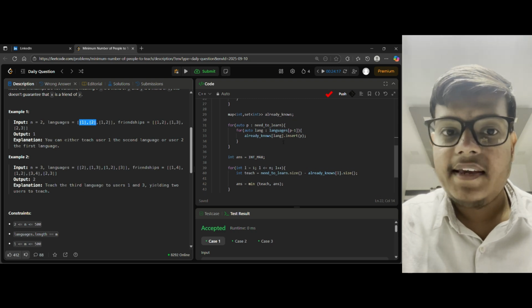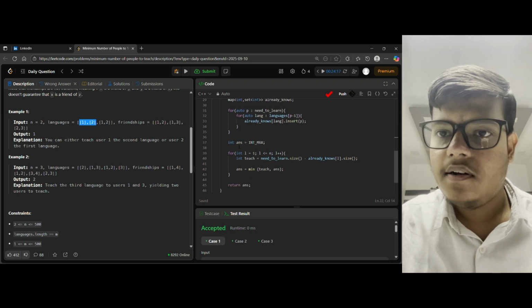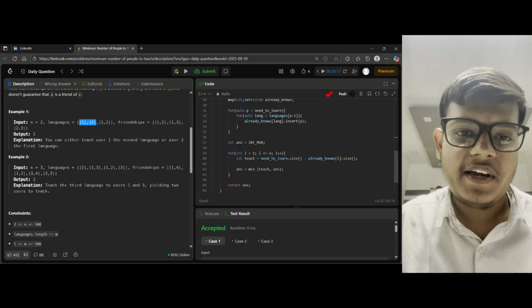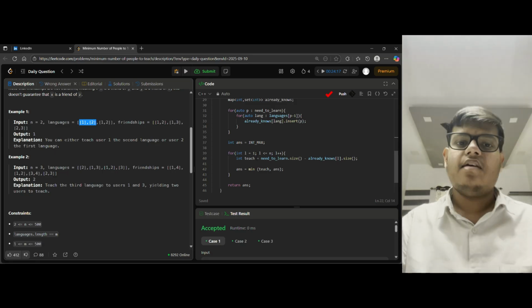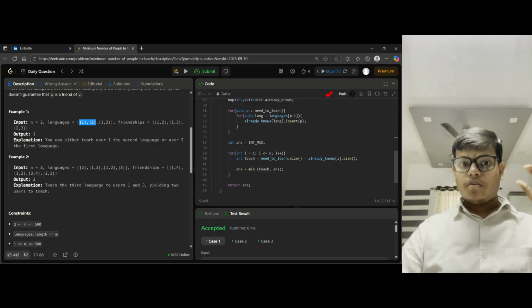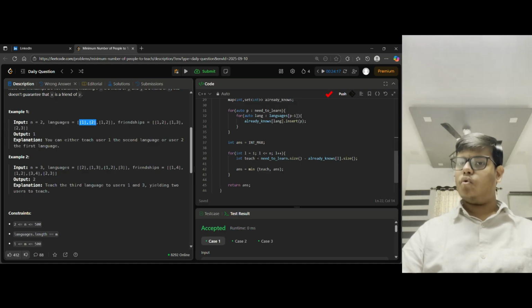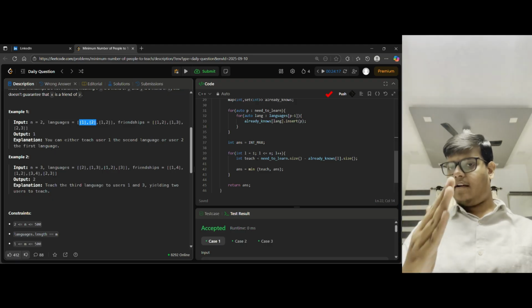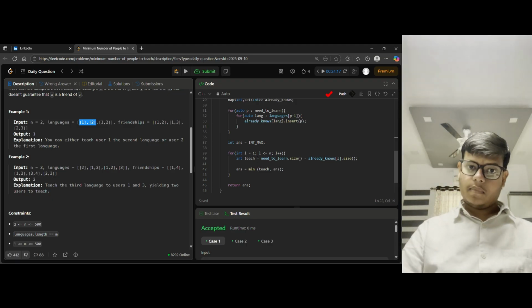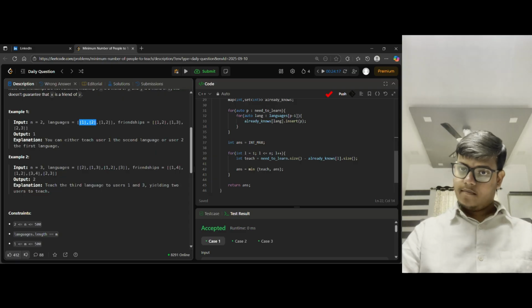Now we are taking an integer variable answer as int max, since we need the minimum answer. We are going to check all languages to find which gives the minimum output.